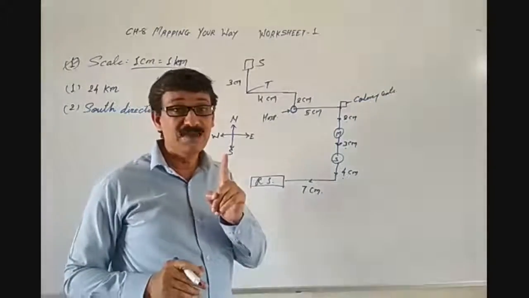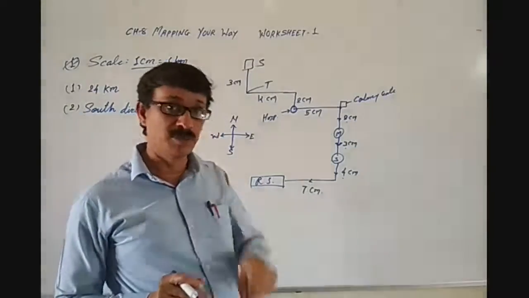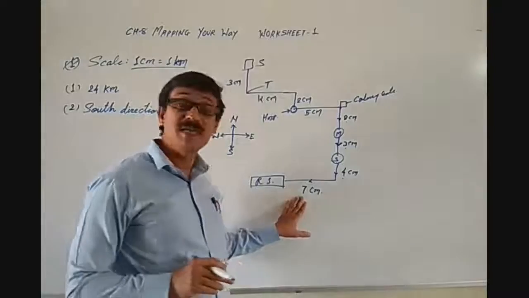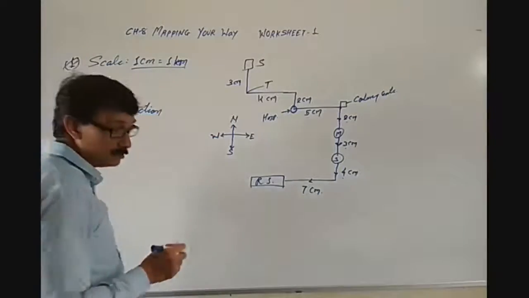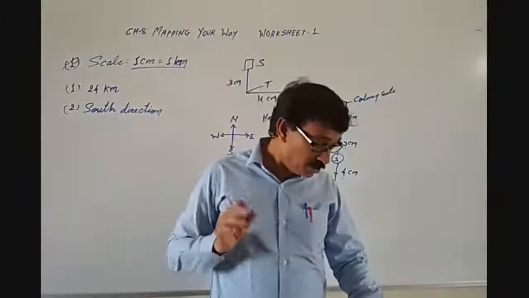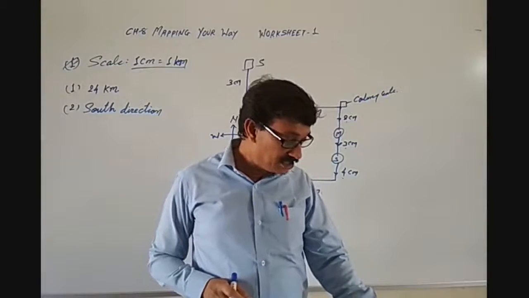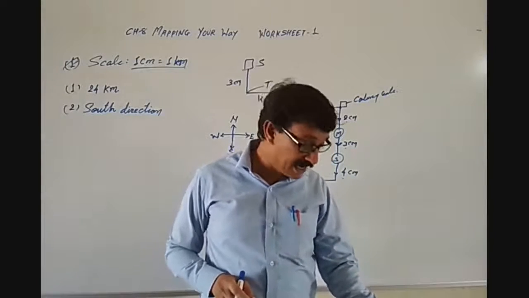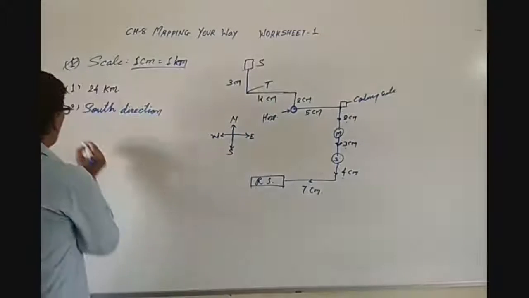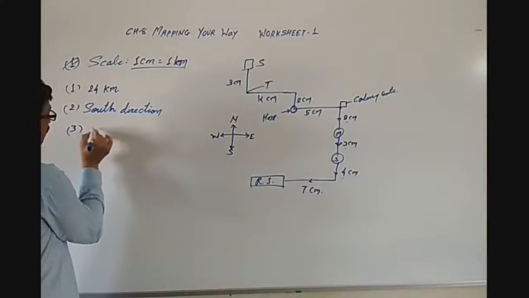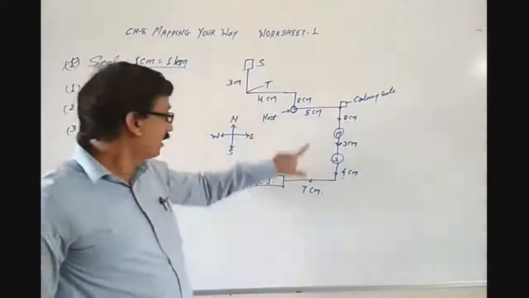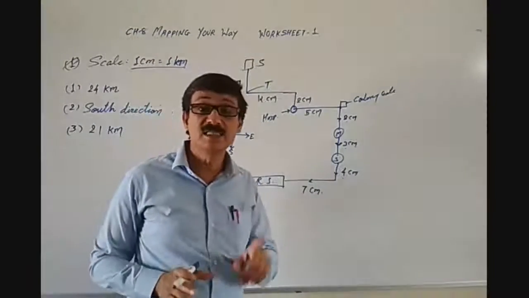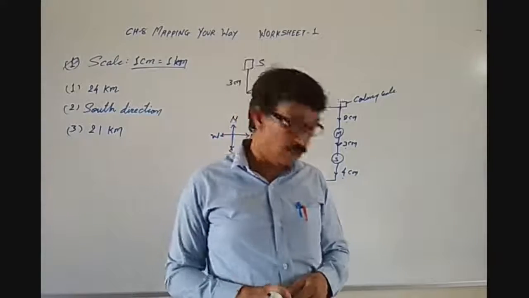But 1 centimeter is 1 kilometer, so it is 21 kilometers, isn't it? So you should answer, the distance between hospital and railway station is 21 kilometers.